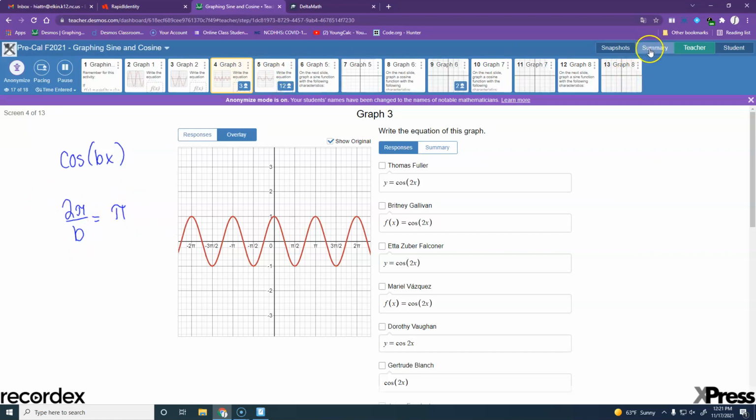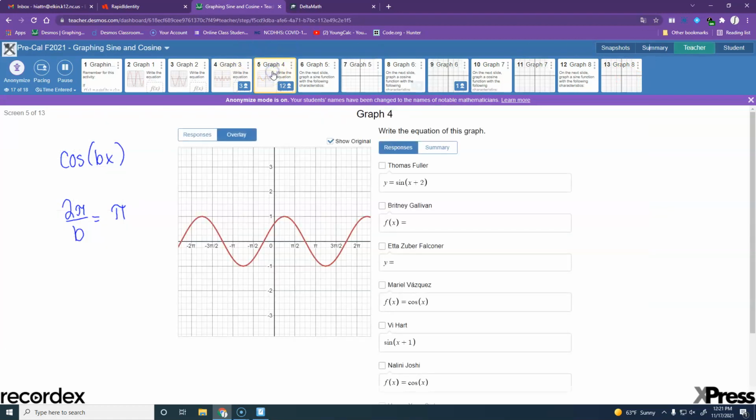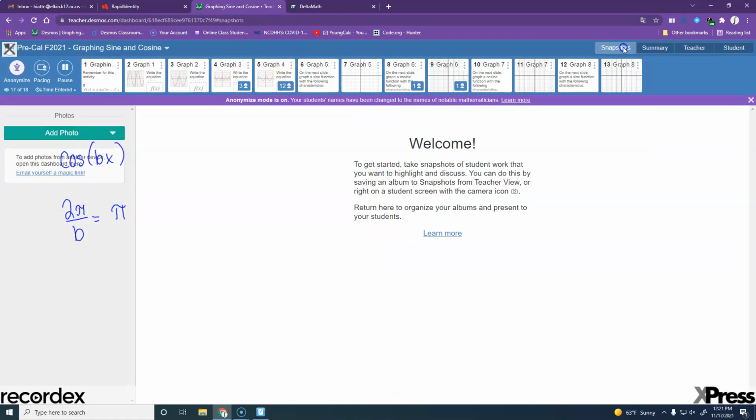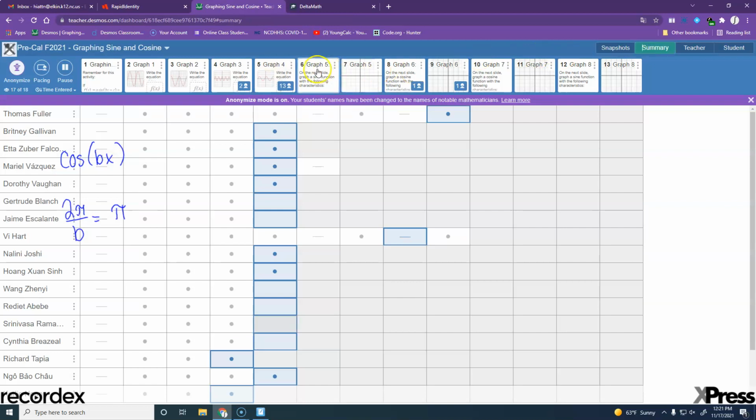All right. Try this next one here, graph 4.